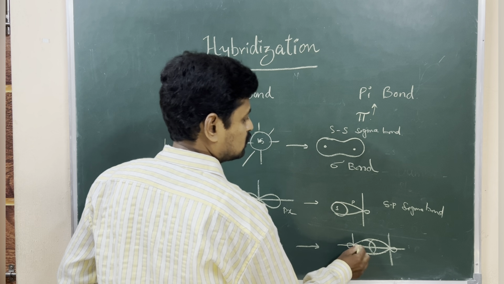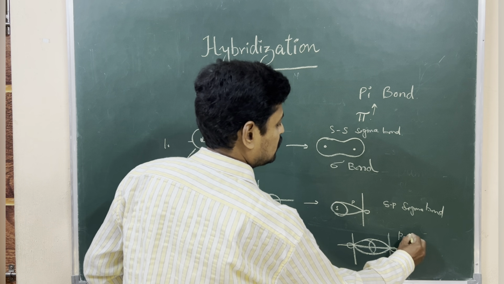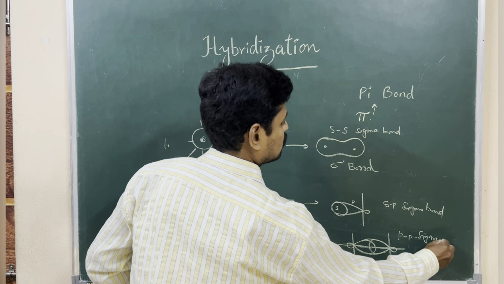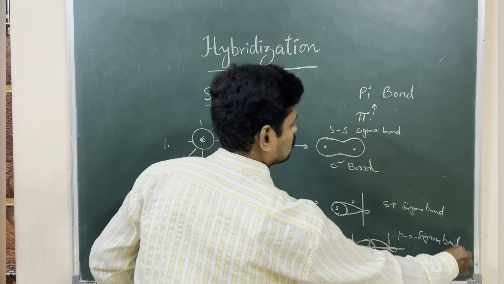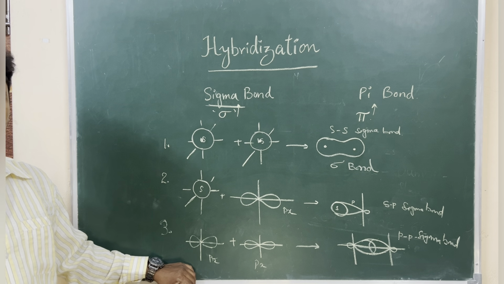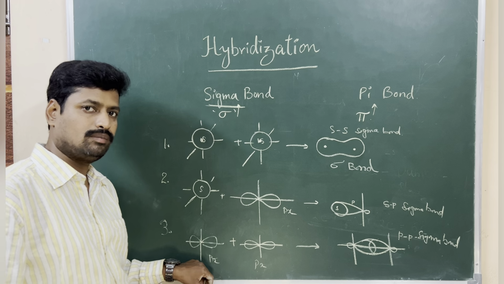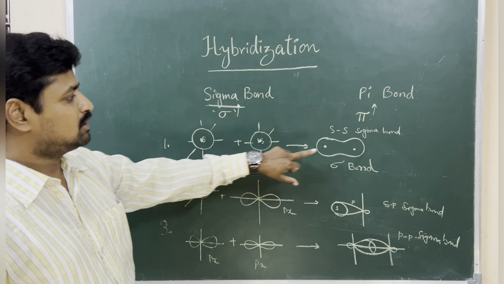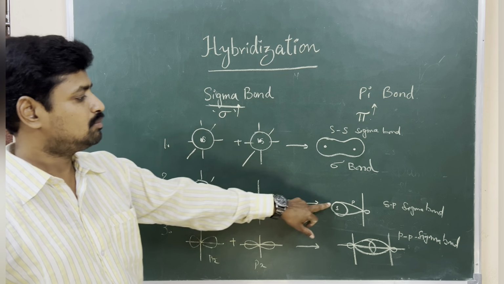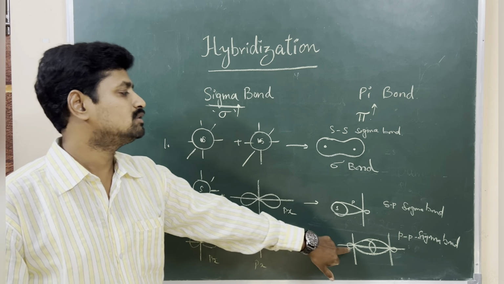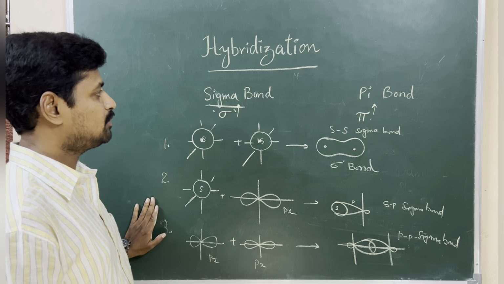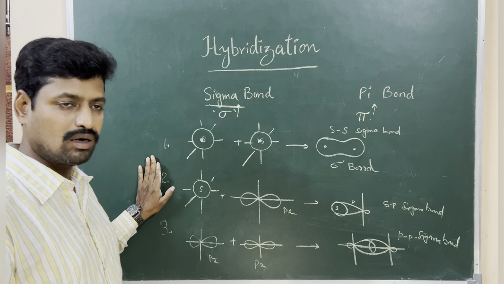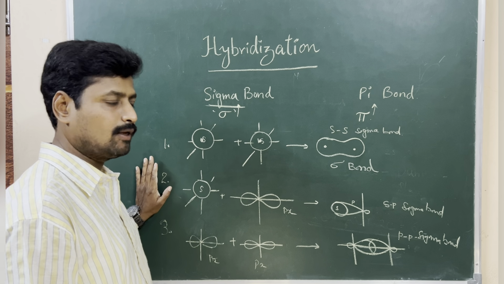This is called pp sigma bond. So this is ss sigma bond, this is sp sigma bond, this is pp sigma bond. These are the three types of sigma bonds which are important to understand the concept of bonding.